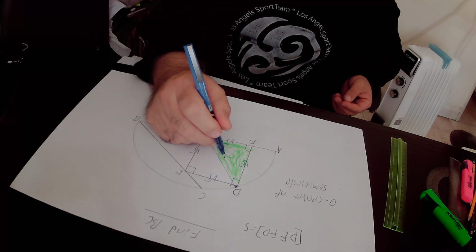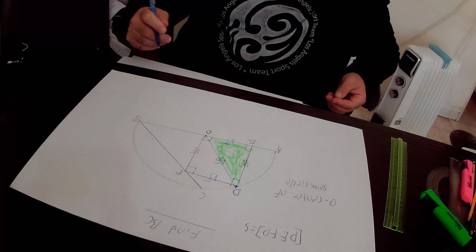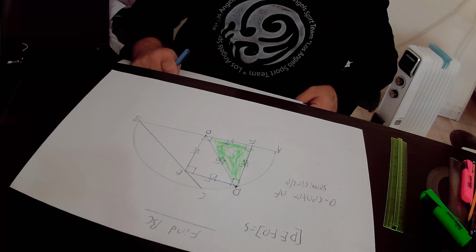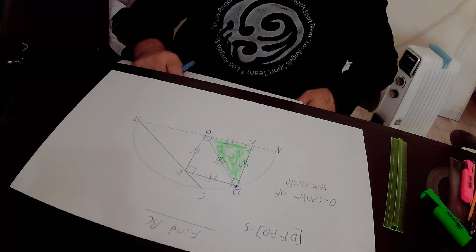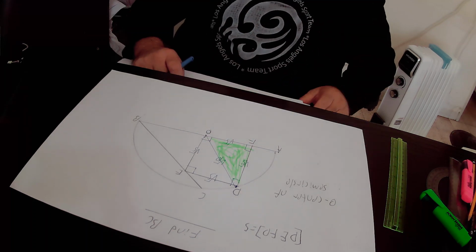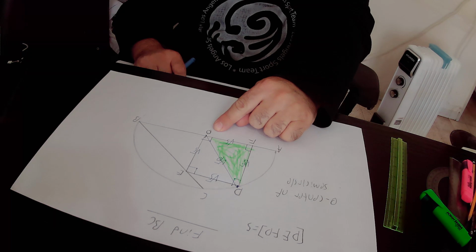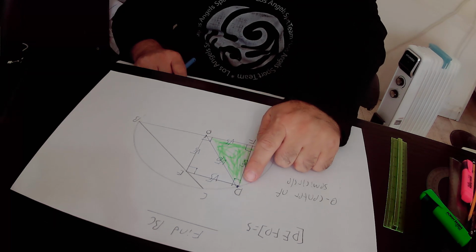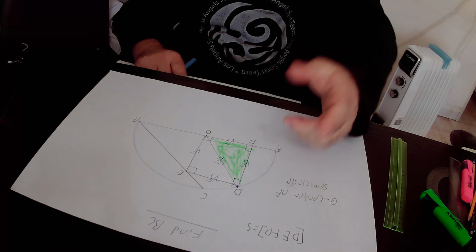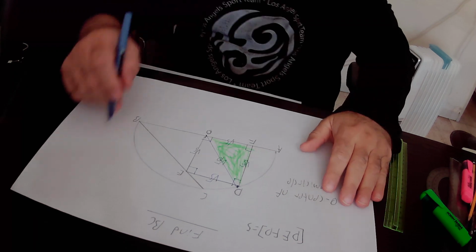Well, DO equals the square root of 10 units. DO is the hypotenuse of the green triangle, but it is also the radius of this semicircle. Why? Because DO starts from point O, that is the center of the semicircle, and ends at point D, that is a point of the semicircle itself. This is exactly the definition of a radius.